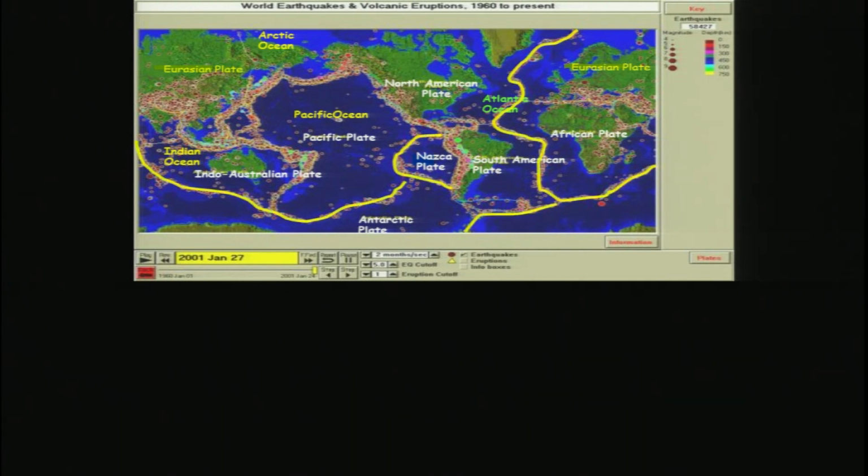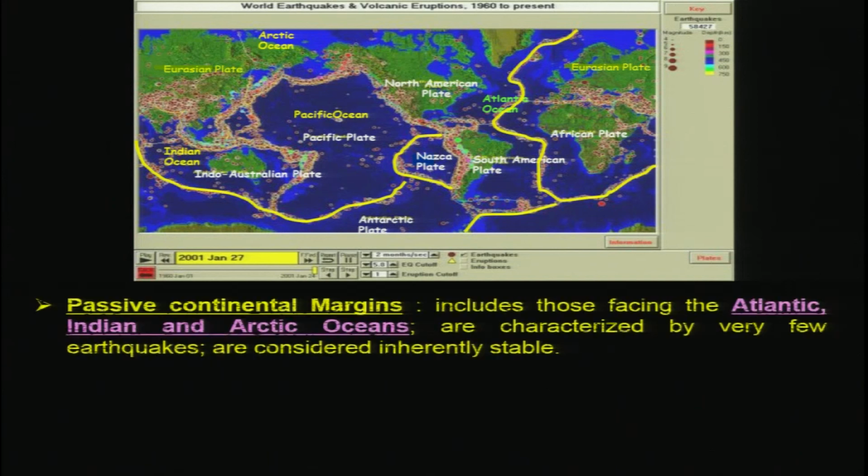Now all the plate boundaries marked in yellow have been classified as passive continental margins. This includes those facing the Atlantic, Indian and Arctic oceans, which are characterized by very few earthquakes and are considered inherently stable.